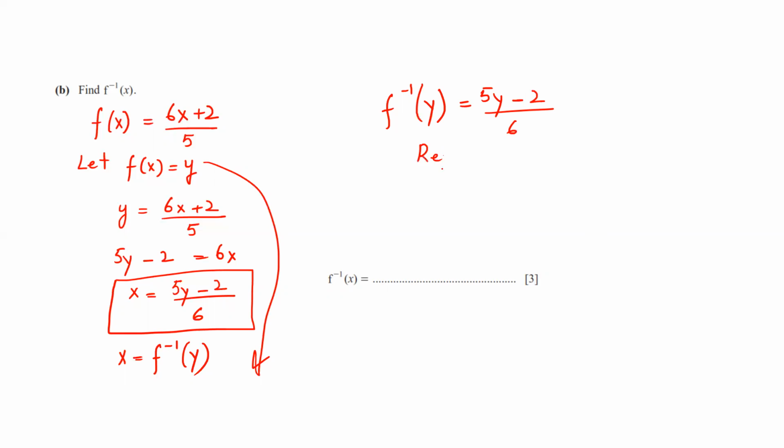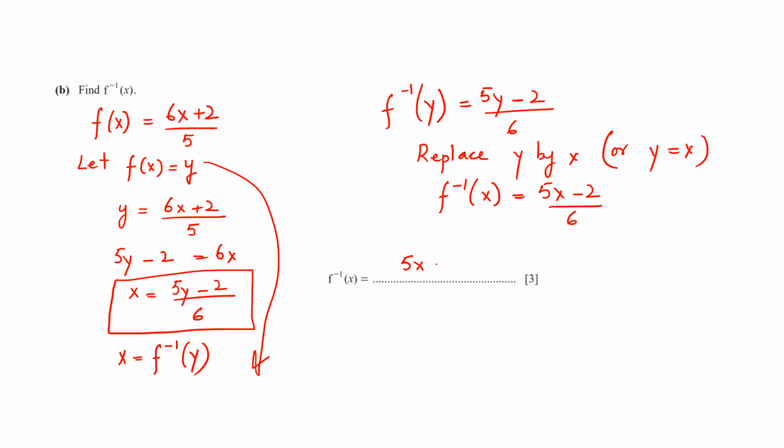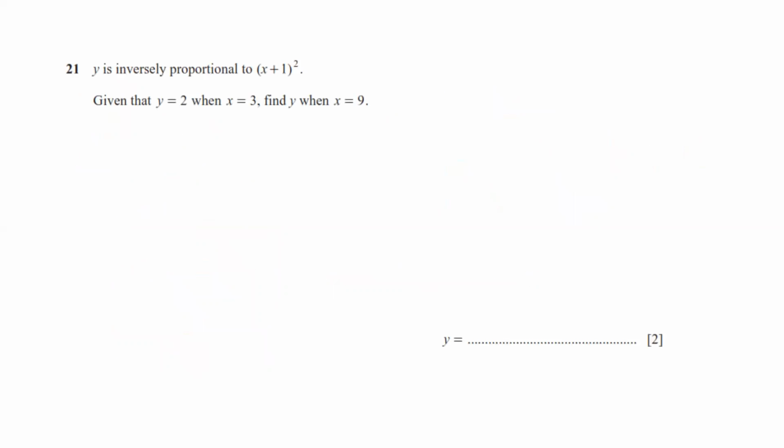Now just replace y by x, or you can say write y is equal to x. So this becomes f inverse of x, and you will have (5x minus 2) over 6. This is as simple as that. So your answer will be (5x minus 2) divided by 6. That's it.